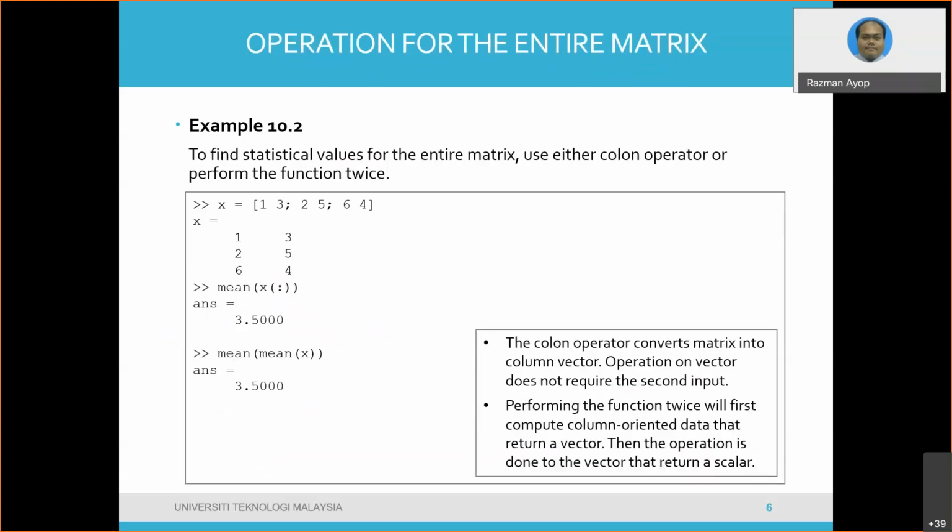Now we move on to the next part: operation for the entire matrix. If you have data something like this, and you want to get the mean for all data, not each row and not each column, but all the data, how to do this?